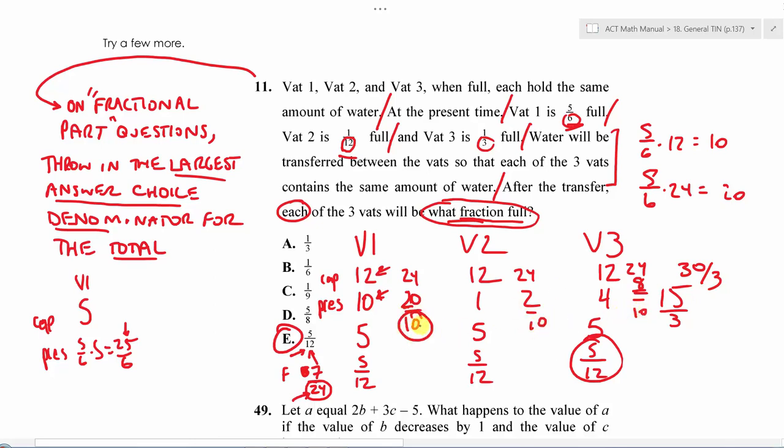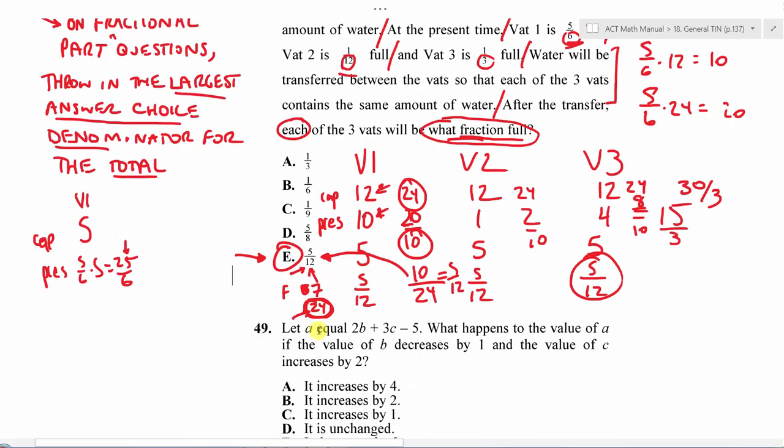If there are 10 gallons in each of these vats, and that is out of a capacity of 24, then each of these is 10/24 full, and guess what 10/24 reduces to? It reduces to 5/12. And again, the calculator will do that for you. So even if there had been another answer choice with a larger denominator, that's fine. We would just use that other number, but we would see that the answer would still come out to be E. Next question.